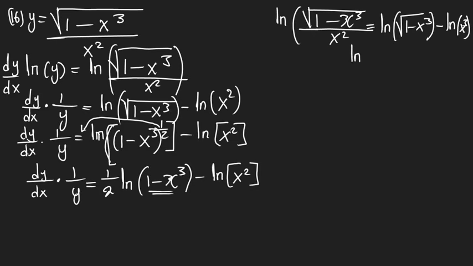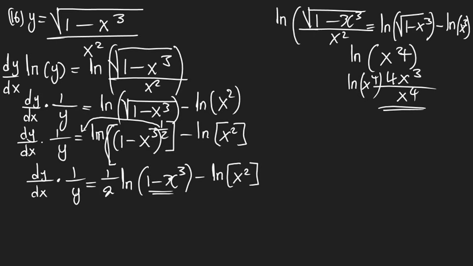Whenever you have got the natural log of x to the power 4, it is simply dy dx of whatever is the x to the power 4 over the original x to the power 4. So what is dy dx of x to the power 4? It is 4x to the power 3 over the original. That is ln of x to the power 4. Take note. So even here we do the same thing. What is ln of 1 minus x to the power 3? So you do dy dx of whatever is inside.